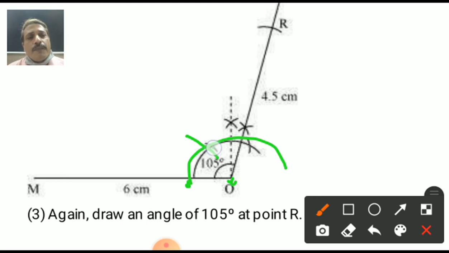Now from here you can draw another arc which cuts our previously drawn arc. Once again you can draw an arc on the top side with the same radius, from this cutting point. Now we have 2 points here, 1 point here and 1 point O. Draw a dotted line.